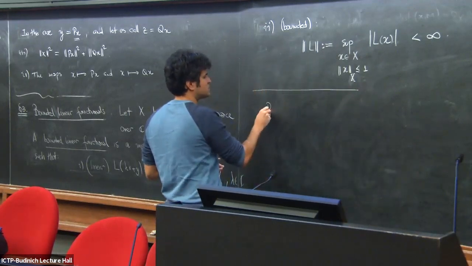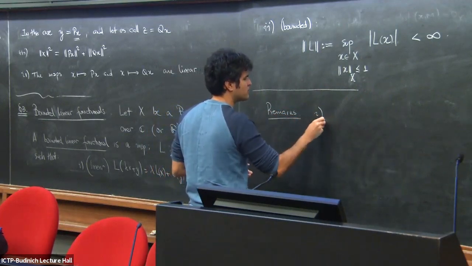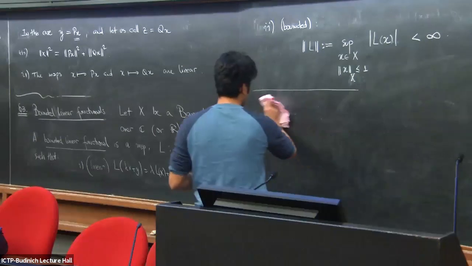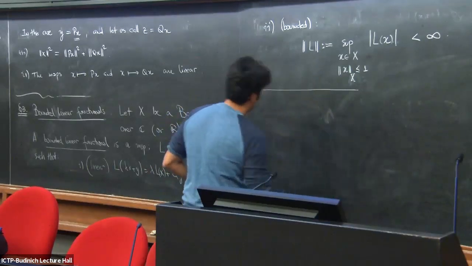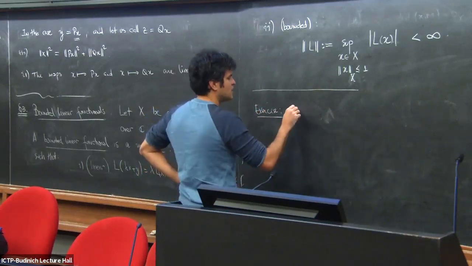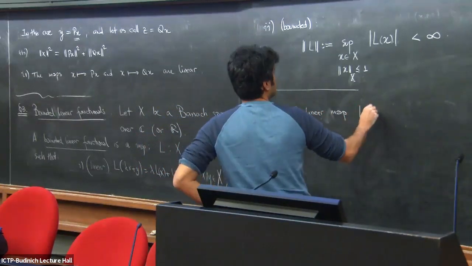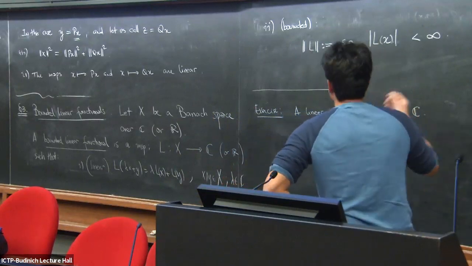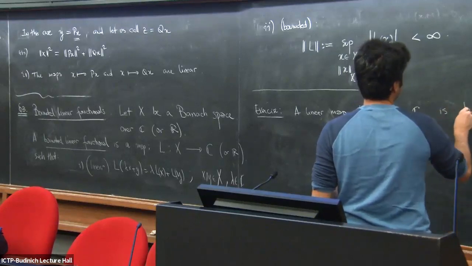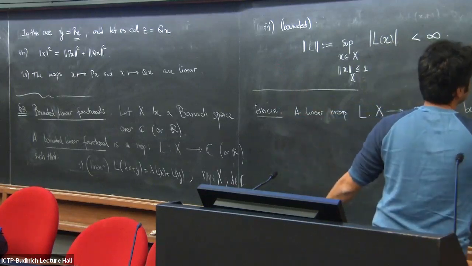So now, a few remarks about this definition. Remark 1, which I'm going to put to you as an exercise in your homework later on: a linear map L from X to C or R is bounded in this sense if and only if it is continuous.